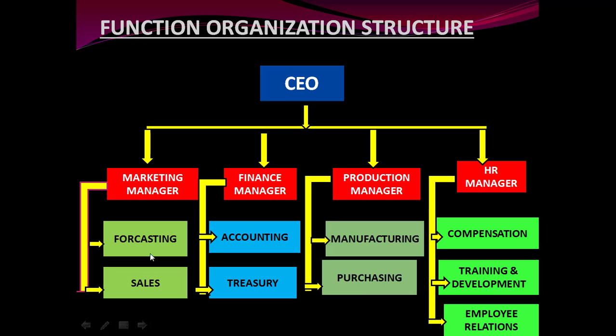So this is functional organizational structure, where the organization is structured on the basis of job functions in the organization. Now, the project organizational structure says that along with this permanent functional organizational structure, there are projects on the basis of which organizational structuring is done.